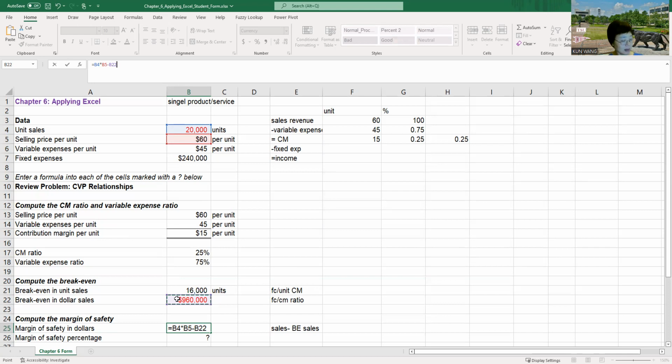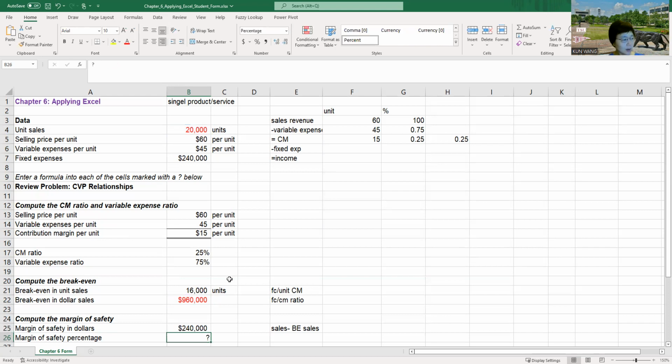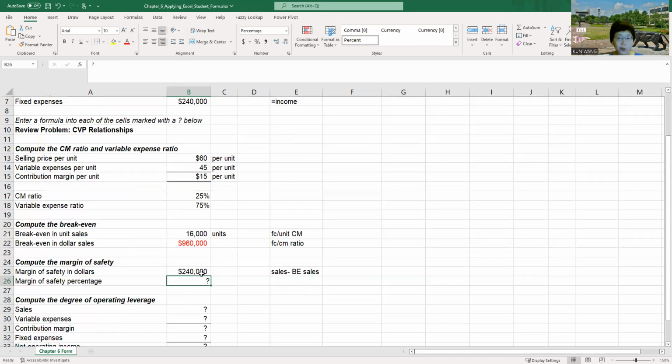Okay, hold on a second, looking for the formula. Equal 240. So I'm safe above the break-even by $40,000. And then the percentage will be your margin of safety divided by my sales revenue again.